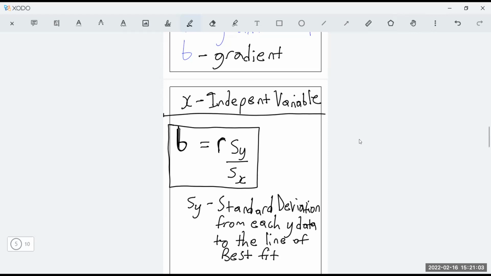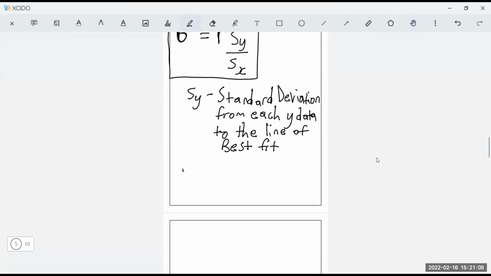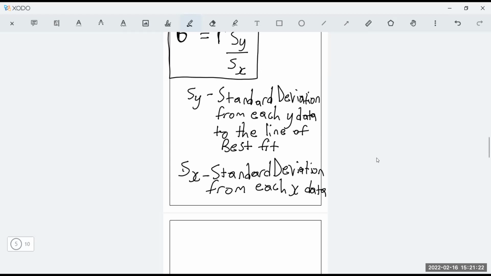And SX, this is now the standard deviation from each X data point to the line of best fit.